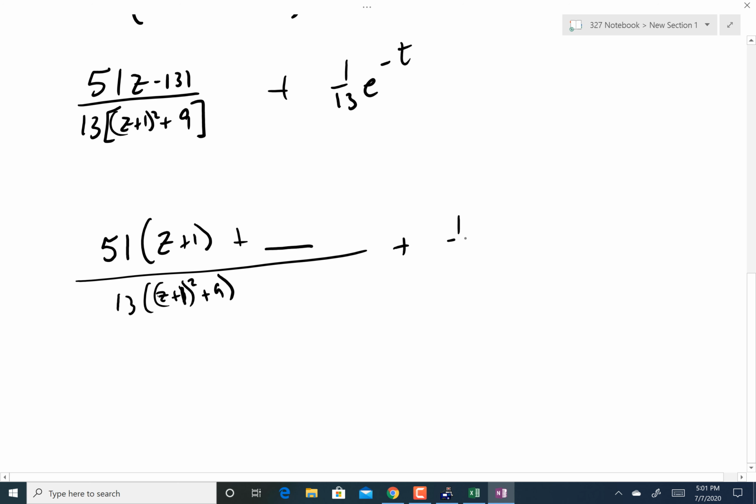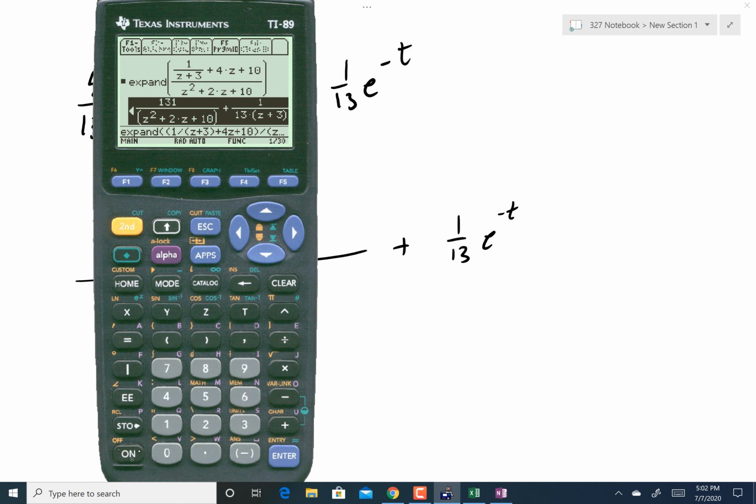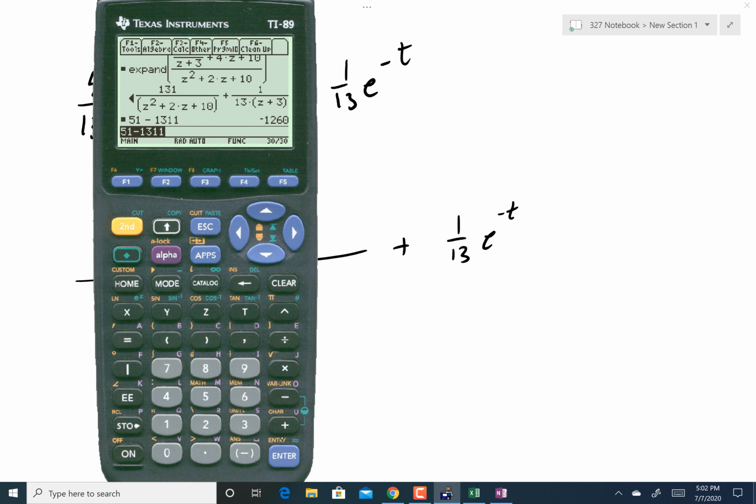So to do this, and again, why z plus 1? Because z plus 1's on the bottom, that's what's got to be on top. So if you look at this, this is 51z plus 51. Well, I don't have plus 51 on top. I've got negative 131. So what's the difference between 51 and 131?